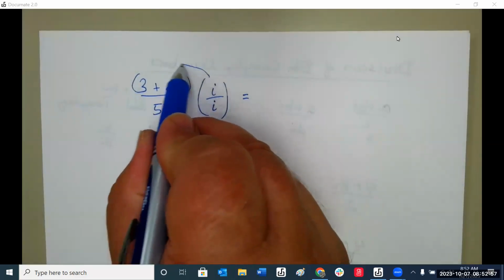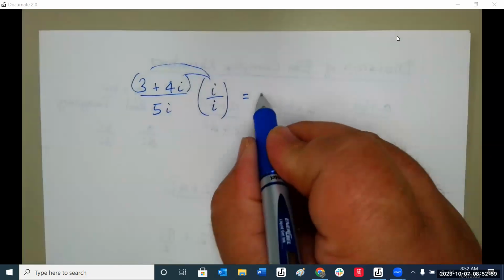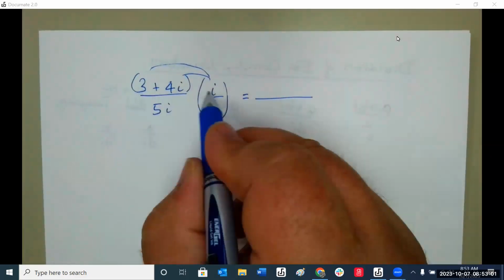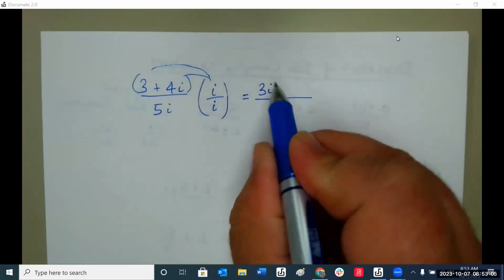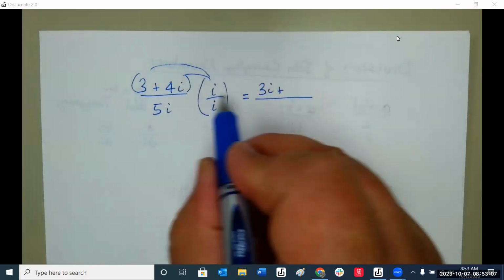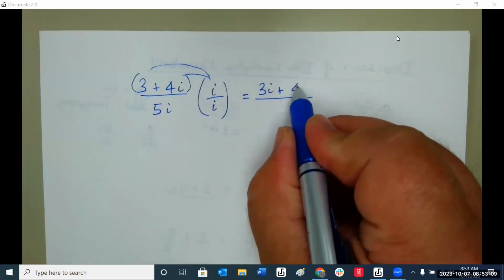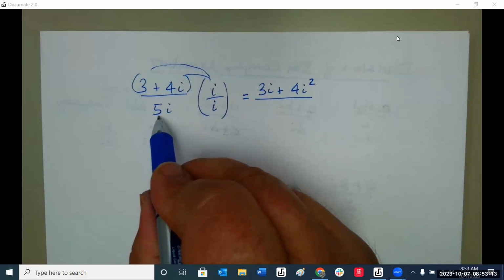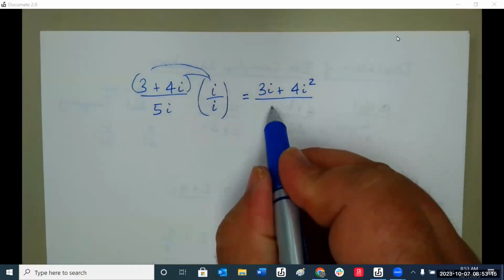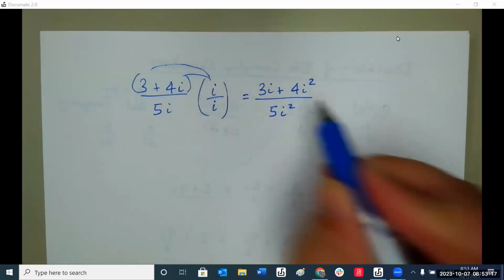So this I distributes to both of those on top. 3 times I is 3i. 4i times I is 4i squared. 5i times I is 5i squared.